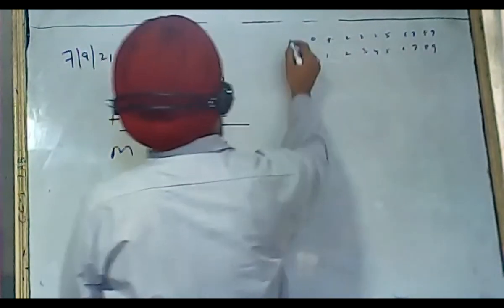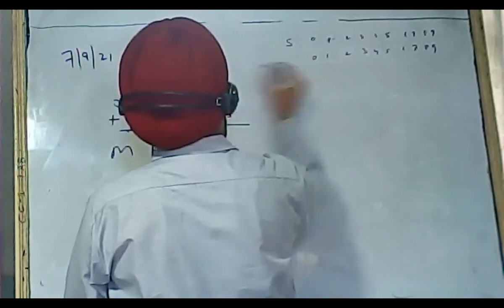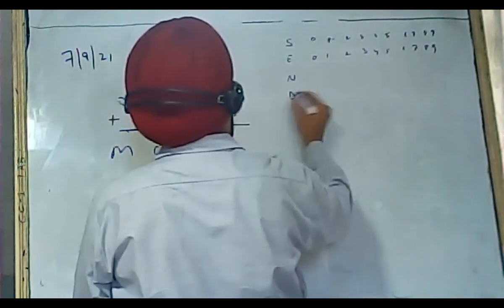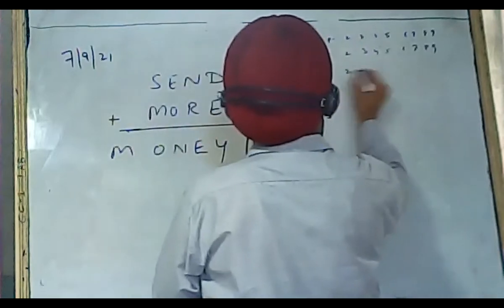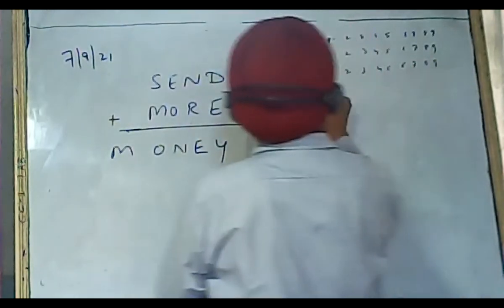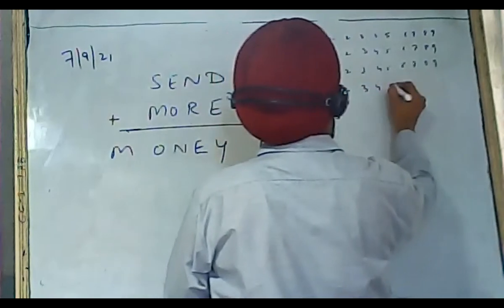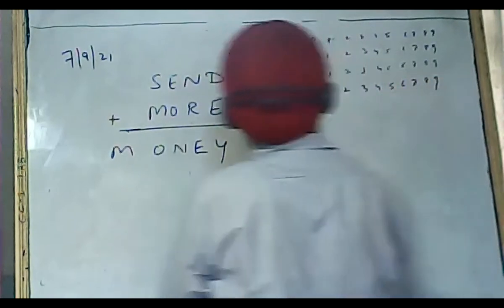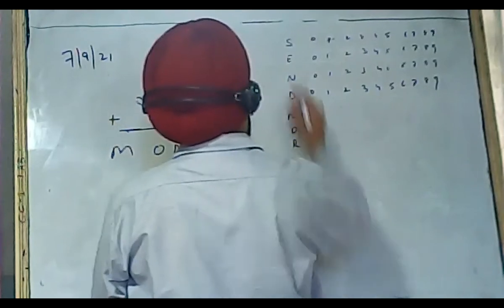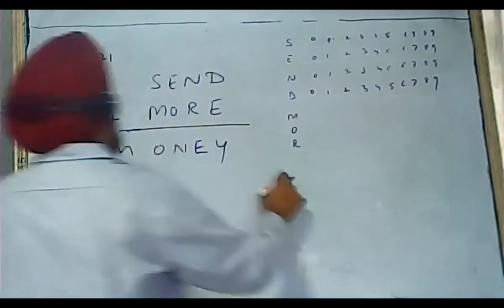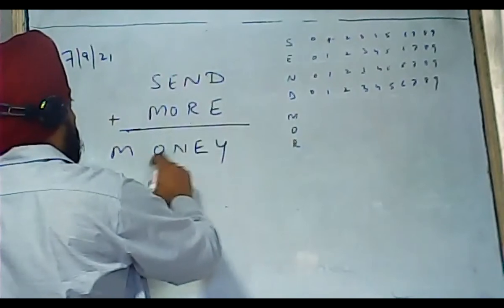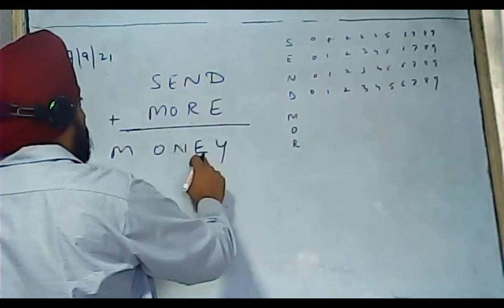And you write all the alphabets here. S is there, E is there, N is there, then D is there. Then M, O, R. E is already covered. M is also covered. O is also covered. N is also covered. E is also covered. Y.